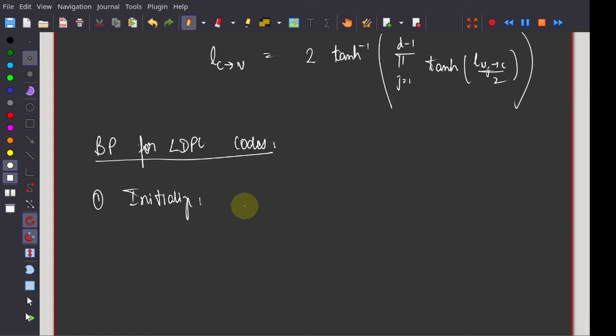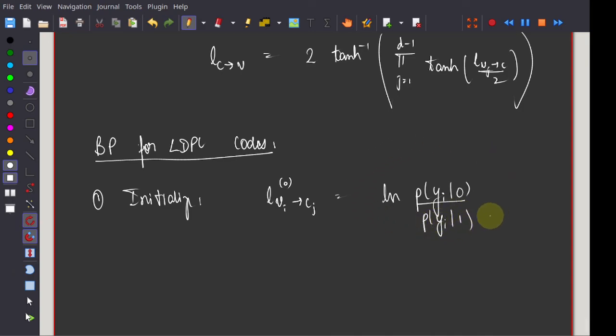So initially you set L from the ith variable node, the vertex corresponding to x_i, to c_j at time t equal to 0 to be equal to log of p(y_i given 0) by p(y_i given 1).